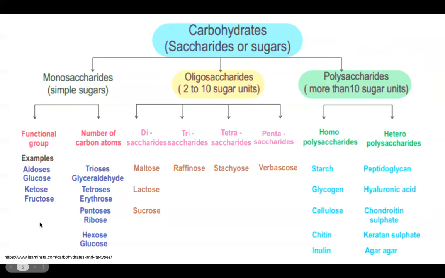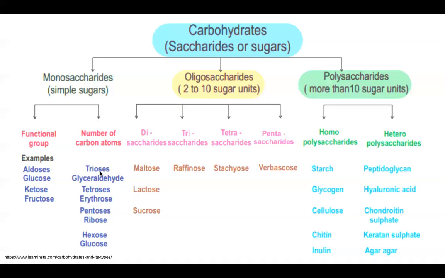Examples of the functional groups: aldoses, glucose, ketose, and fructose. Number of carbon atoms: trioses, butyraldehyde. Examples of tetroses, erythrose, pentoses, ribose, and hexose is glucose.